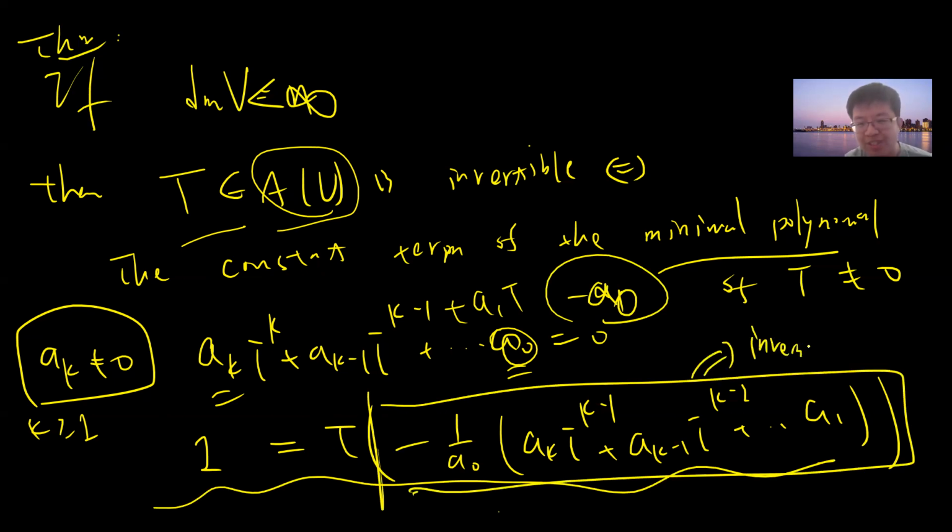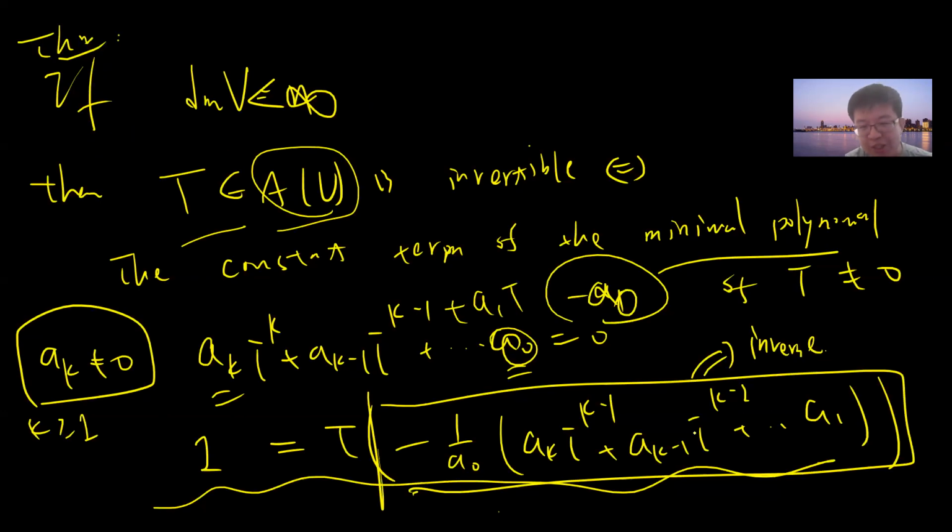Notice that if a_0 is non-zero, this division can work. Nice. So this guy is just an inverse. So we proved it.